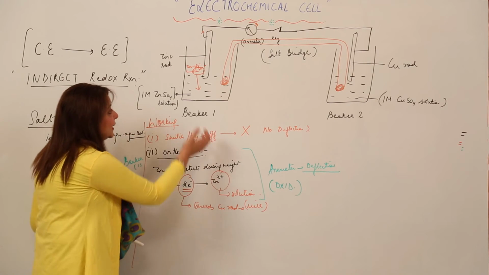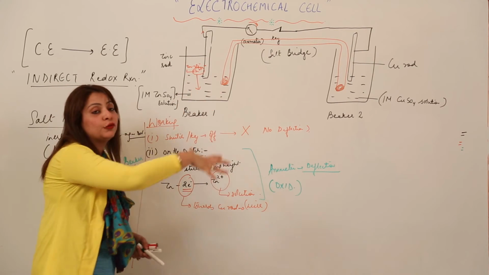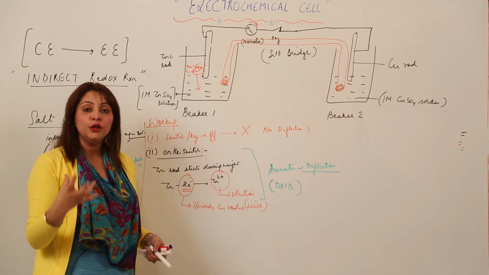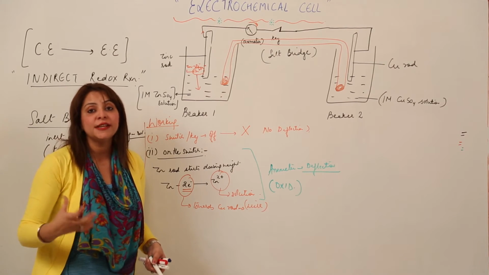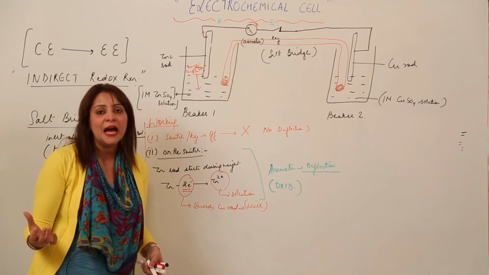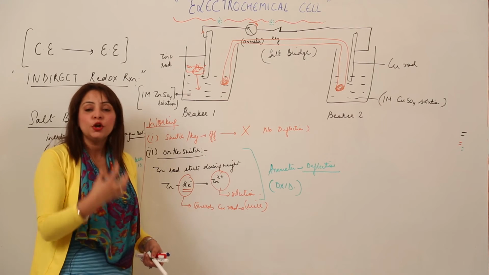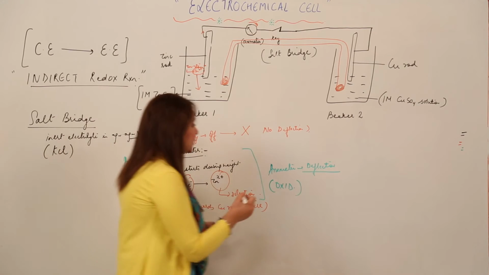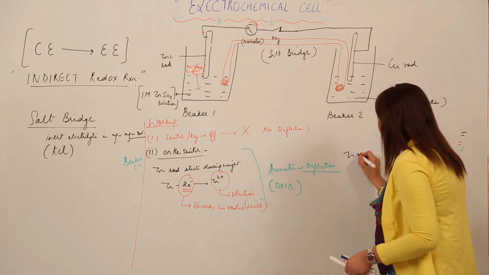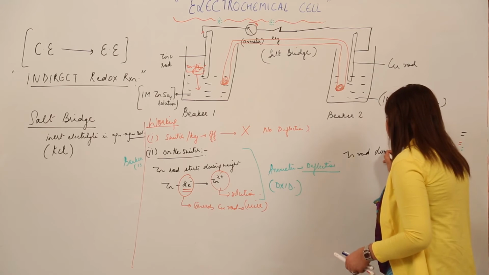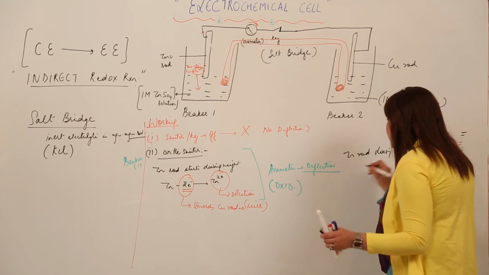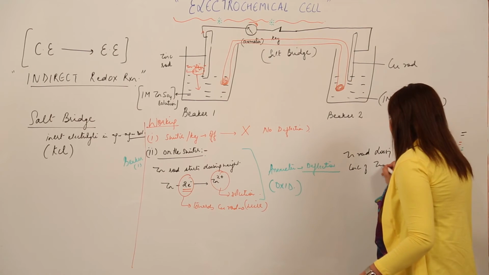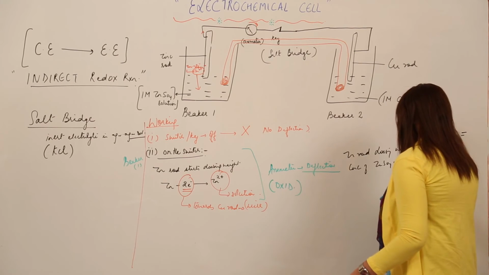These zinc ions will move into the solution, because the solution contains ZnSO4, that means zinc 2 positive ions and sulfate ions. So obviously the zinc rod is losing weight, but the concentration of the ZnSO4 solution is increasing.